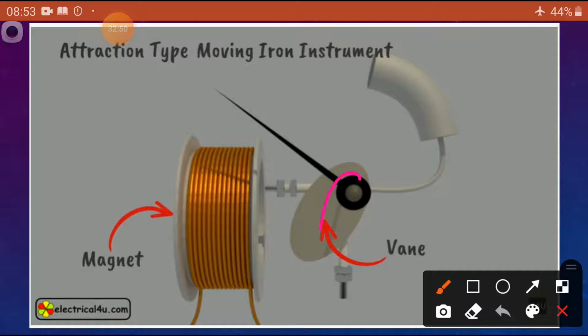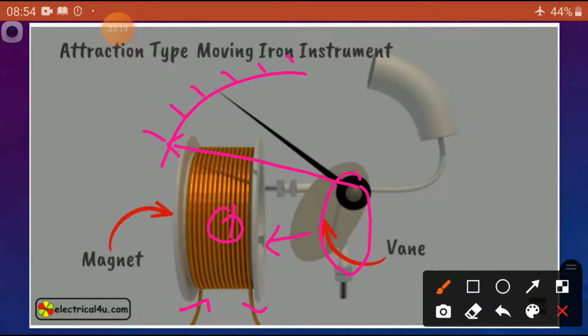So the iron piece vane may be at this position, and the pointer may be at this position on the calibrated scale. Now what will happen? Once supply is given, the coil establishes a magnetic field and tries to attract the iron piece towards this direction.